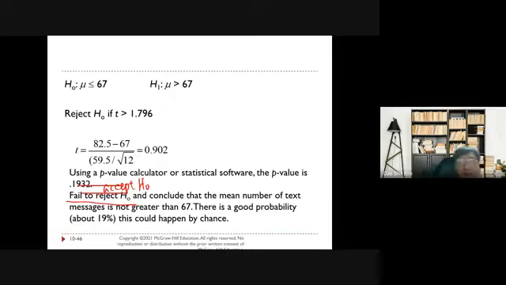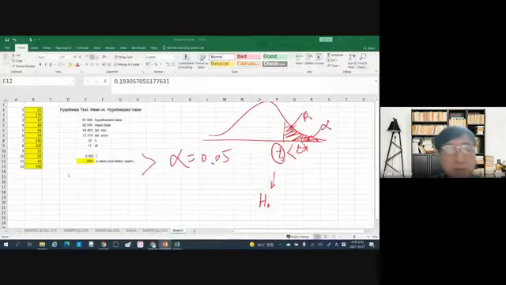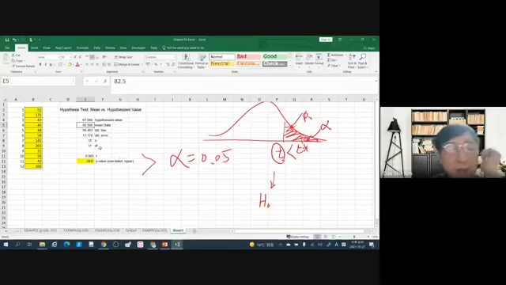The average here is 82.5, right? I didn't calculate 82.5 myself, so let's see what the average is. 82.5 and 67 look quite different, but the problem is that the standard deviation is very wide.